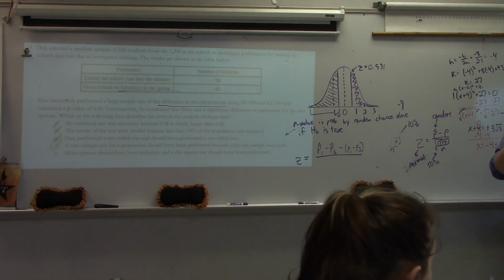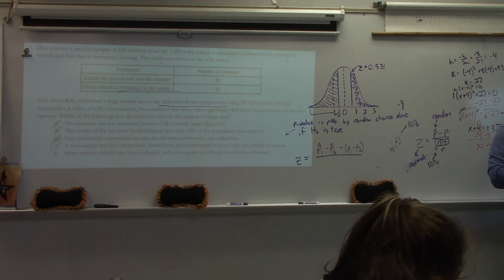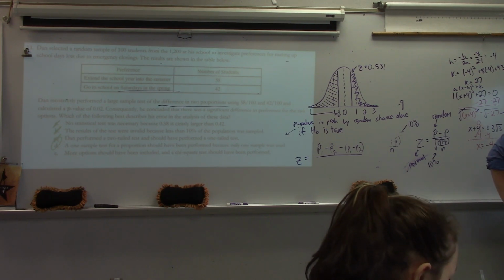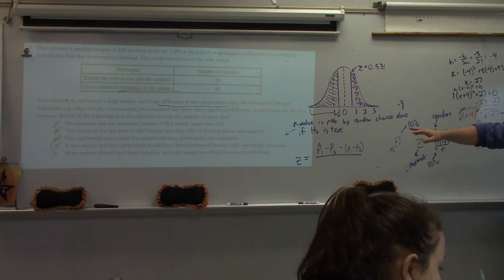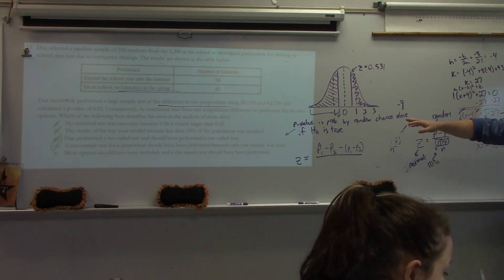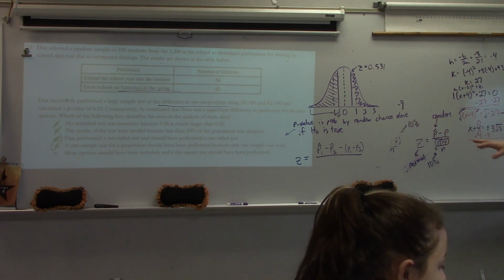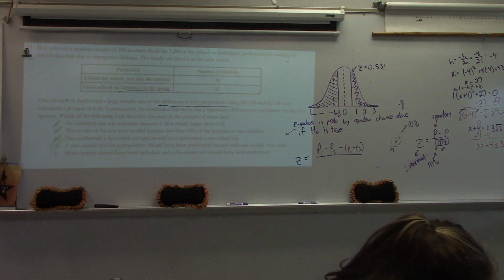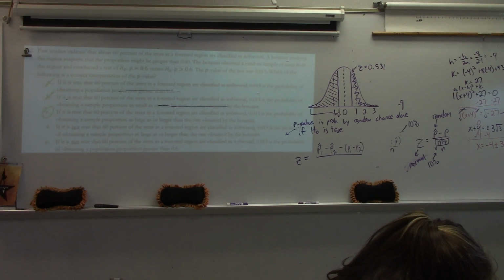One sample cannot affect the other. Okay? So do we understand difference in proportions? It's got to be two independent samples. We didn't have that. And if you don't have two independent samples, you need to do a one sample test.